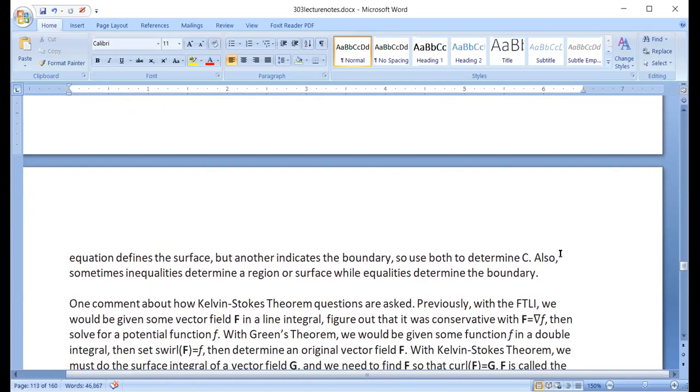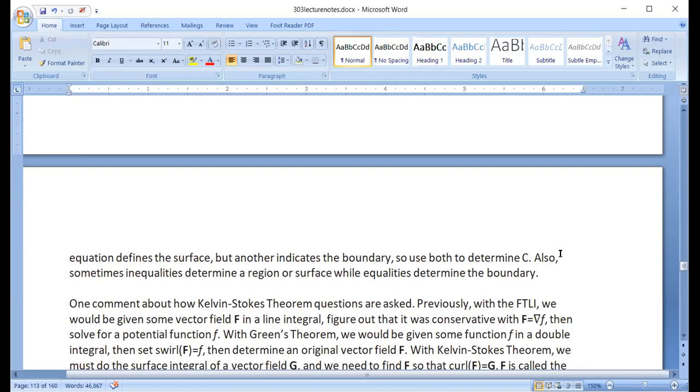Then you'd solve for the potential function f, and finish the problem with f of B minus f of A. With Green's theorem, you'd be given some function f inside a double integral. Then you'd need the swirl of vector field F to equal the function f, and you would solve for what vector field F was in some of the problems.